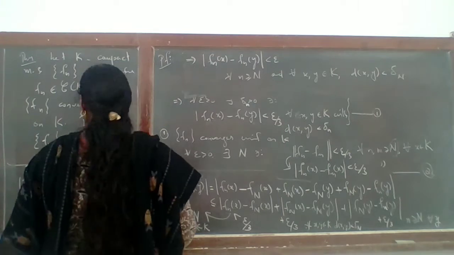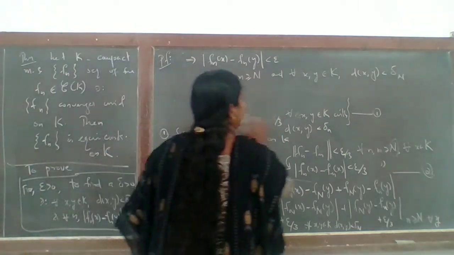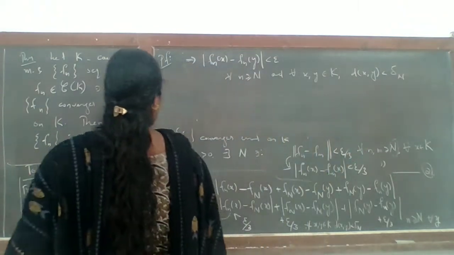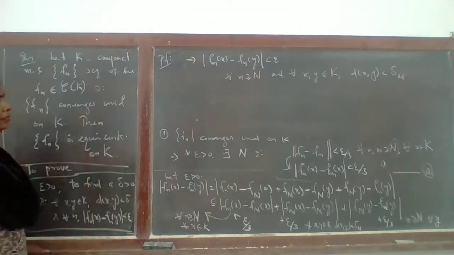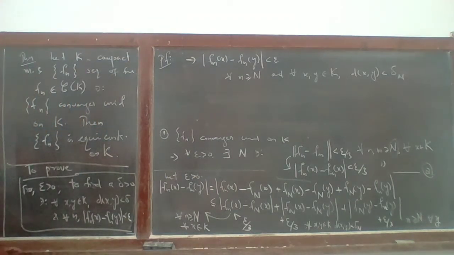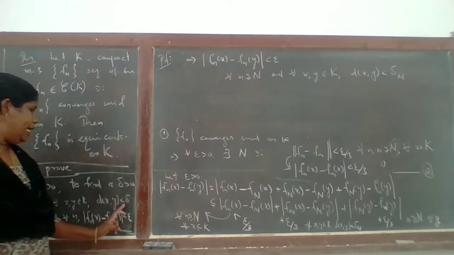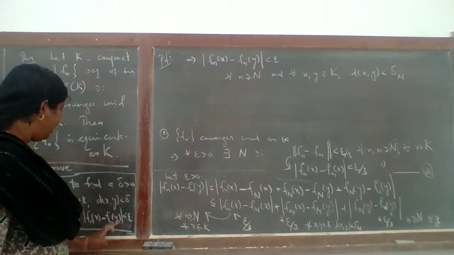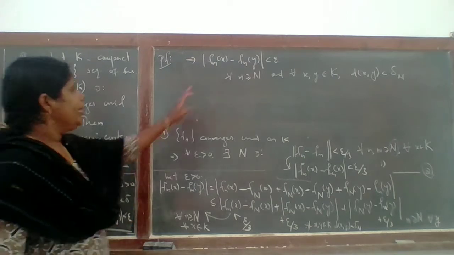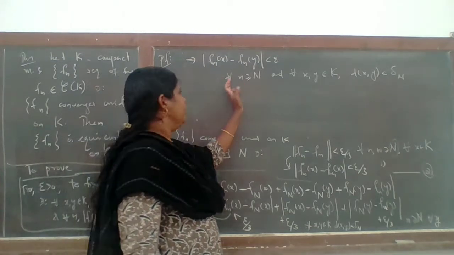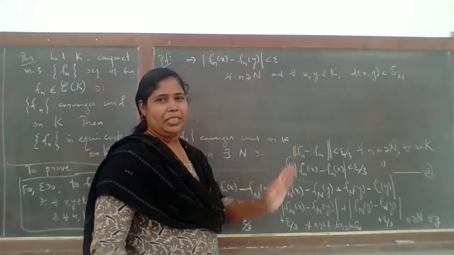Okay, so this is the restriction required for this to be less than epsilon. But what we want to get is, for all x, y, whenever d(x,y) is less than delta, for all n this is less than epsilon. But here, except for a finite number of n's, we have the result.